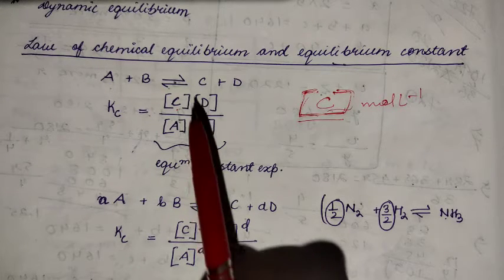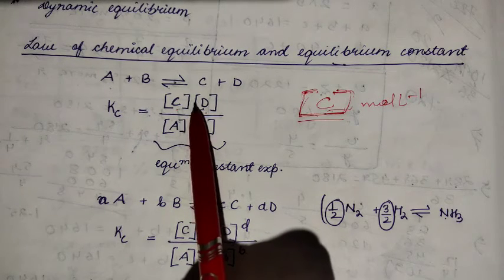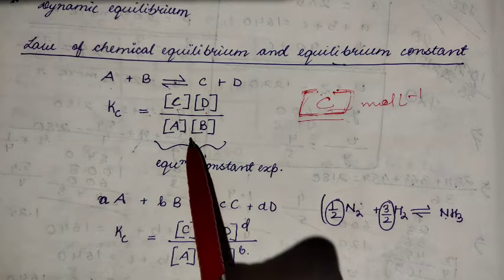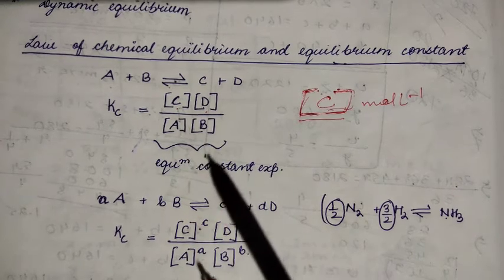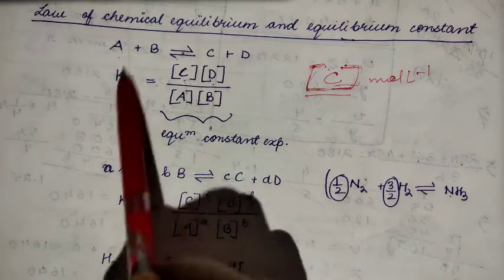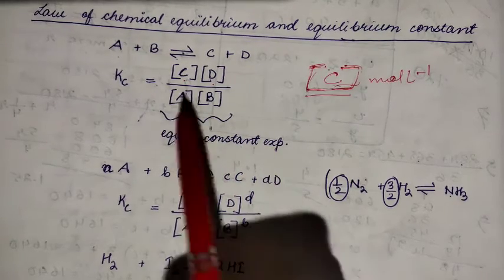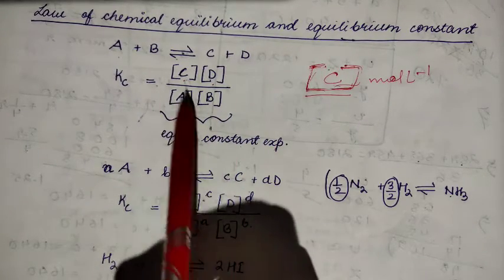Is it clear? Above it is the multiplication of the concentration of the products, and in the denominator it will be the multiplication of the concentration of the reactants. Clear? And this expression is known as the equilibrium constant expression. So you will get a constant value here.